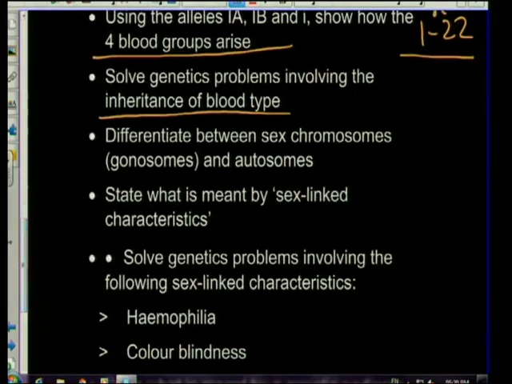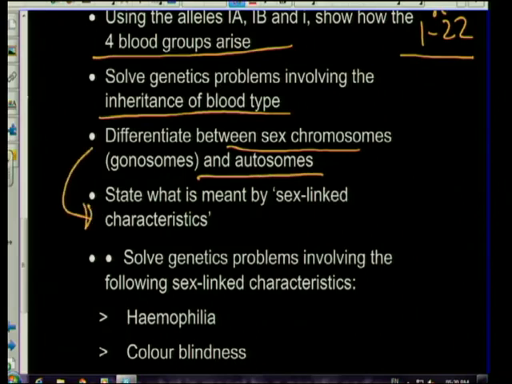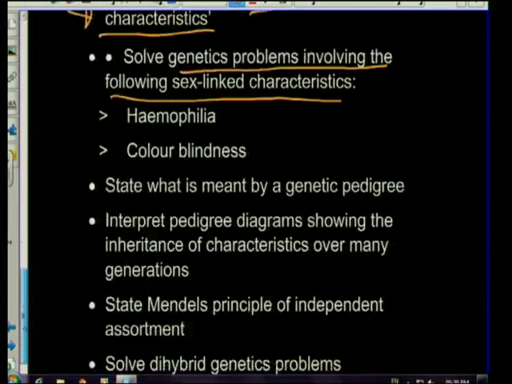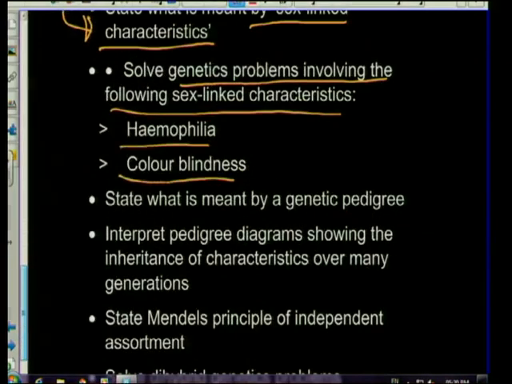We must also be able to, and again this differentiate sex chromosomes and autosomes comes in because it's now linked to this part here, what is meant by a sex-linked characteristic. We must be able to solve genetic problems involving sex-linked characteristics, especially hemophilia and color blindness. Remember, hemophilia and color blindness is what is prescribed in the CAPS document.